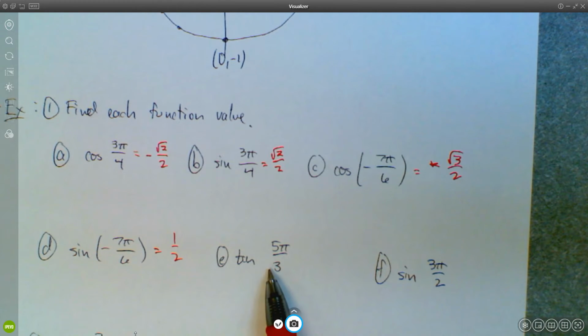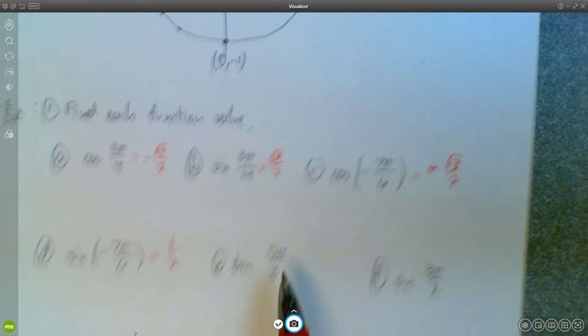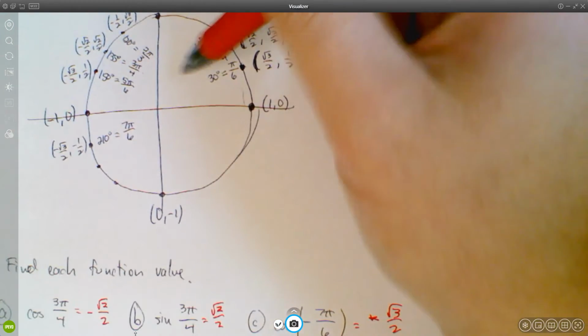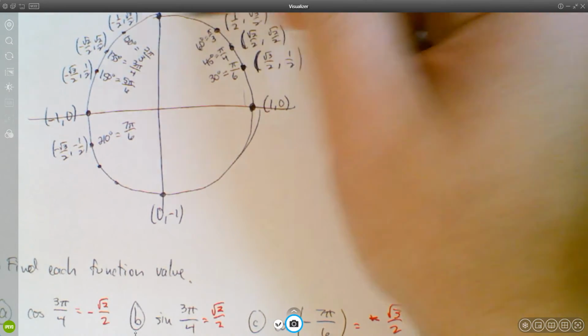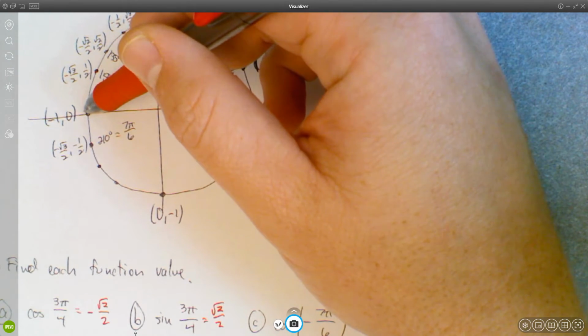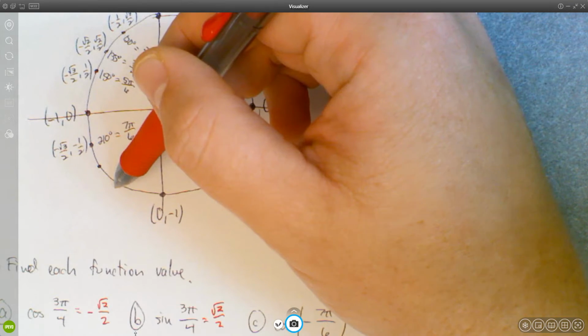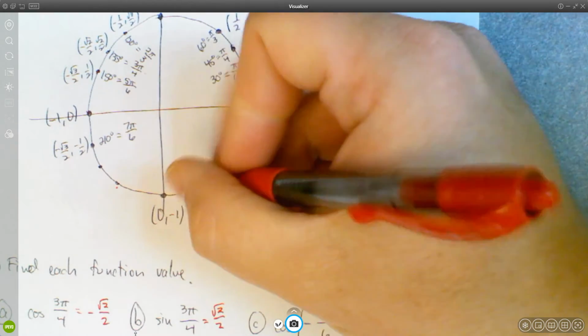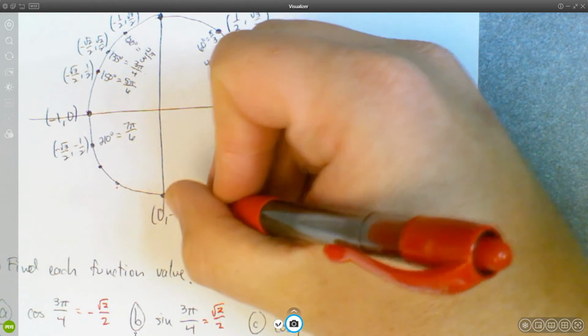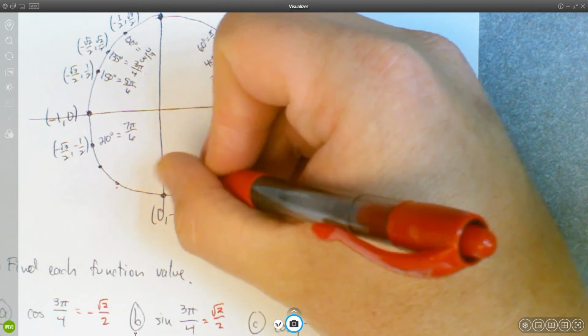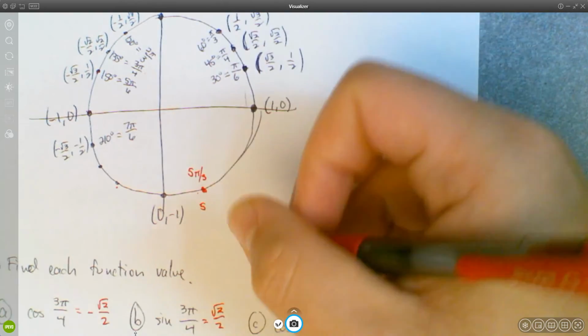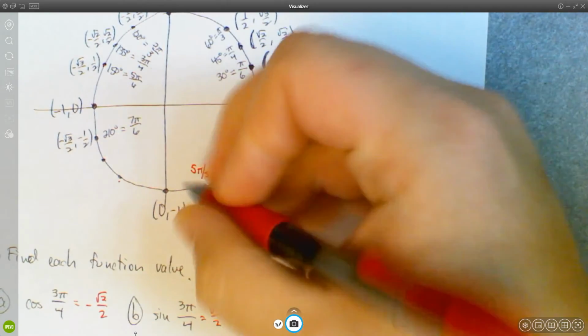Okay, tangent of 5 pi over 3. Well, I didn't quite finish this unit circle, but I know that pi over 3 is here, 2 pi over 3, 3 pi over 3 would put me there, 4 pi over 3 would put me there, and then 5 pi over 3 should be right there. Now, what are the values that should go here?